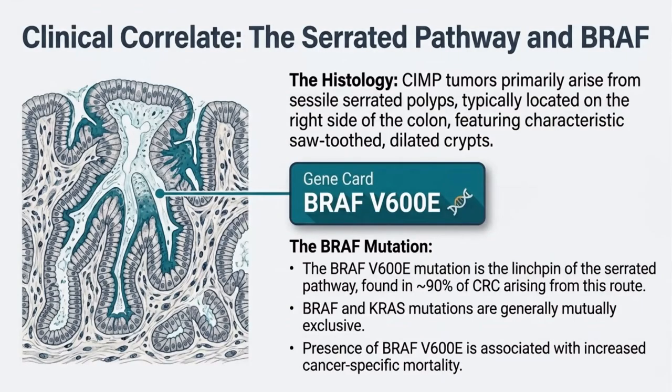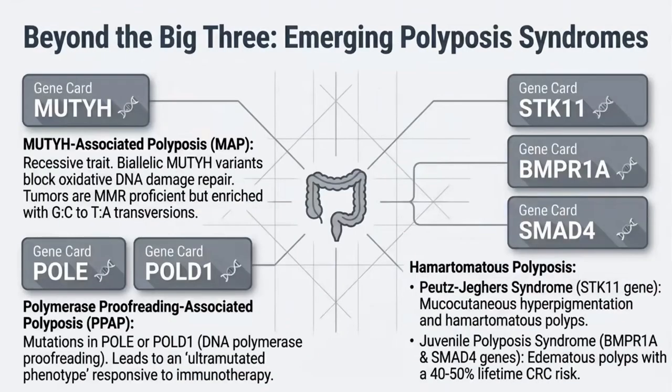This is the linchpin of the serrated pathway and is found in 90% of CRC arising from this route. Remember that BRAF and KRAS mutations are generally mutually exclusive, and BRAF V600E is associated with increased cancer-specific mortality. So that is something that you need to remember.